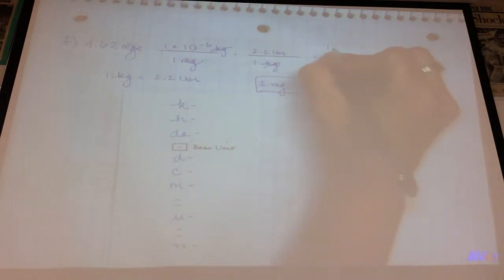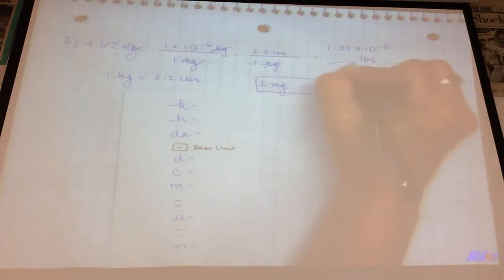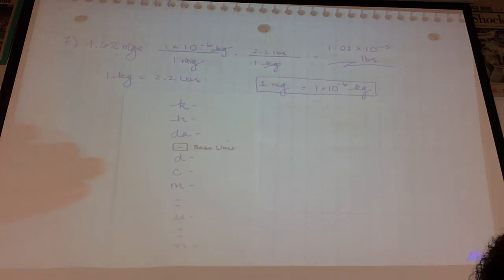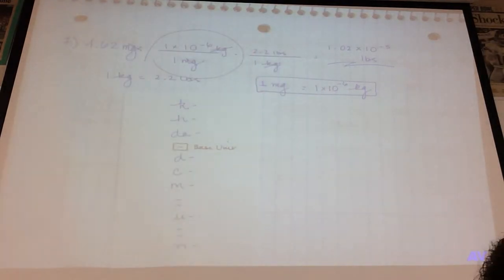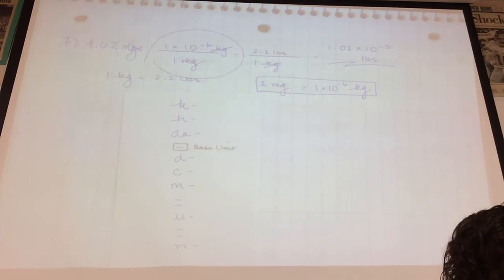I have 1.02 times 10 to the negative 5 pounds. So sometimes you have to make your own equality. And 8 is very similar. I'll walk through this one with you carefully, and then I'm going to have you try a couple before I let you really practice hard on it.